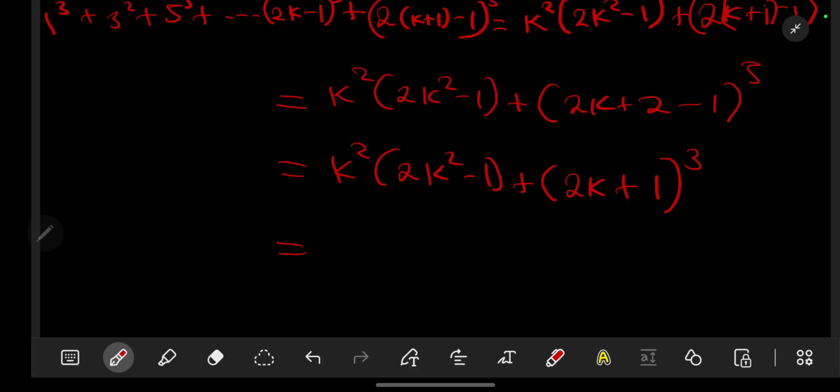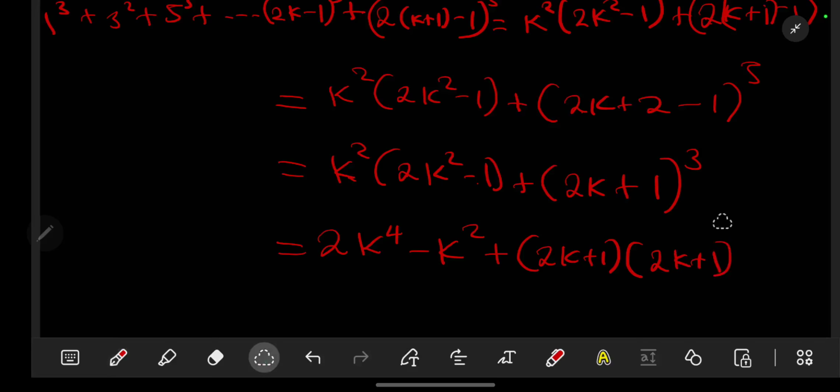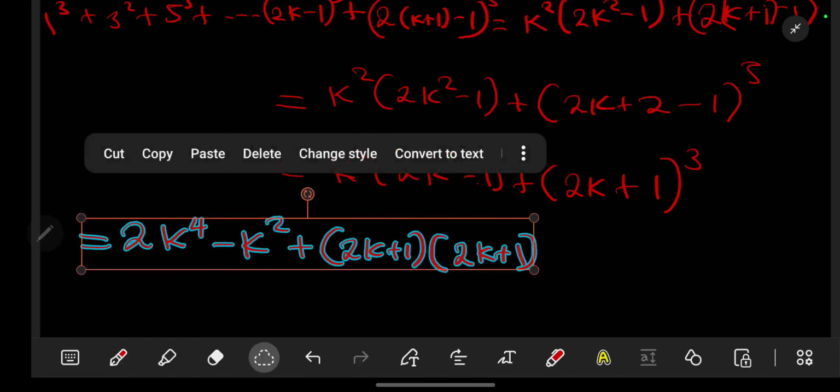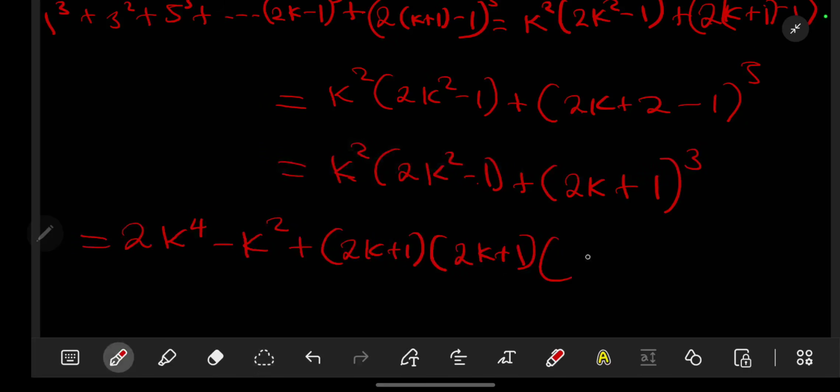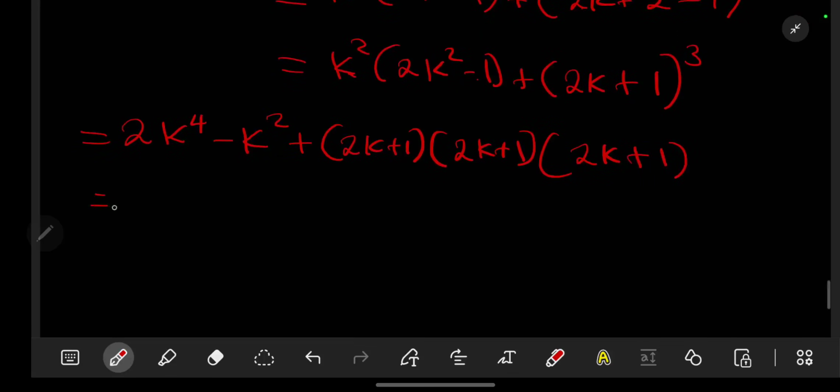Let's expand. So we have k by 2k squared, it will be 2k to the power 4. This by this, it will be minus k squared, then plus. This is the same as having 2k plus 1 times 2k plus 1, then finally the power 3, so that means we are going to have another 2k plus 1. So we can expand in parts.